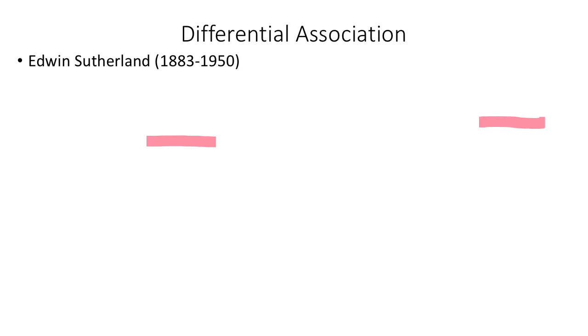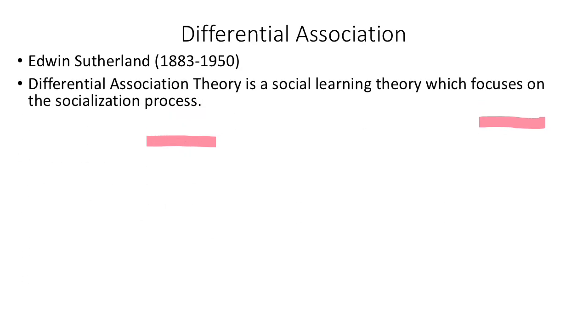So here we go, all right? Differential association theory, first of all, is a learning theory, a social learning theory, and it focuses on the socialization process. Behavior is learned through socialization.